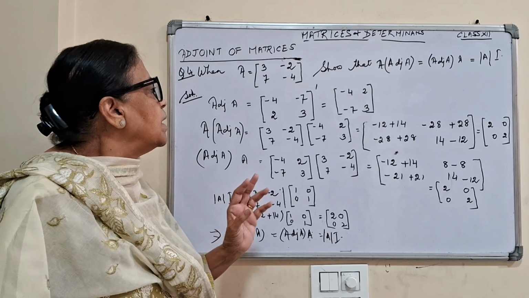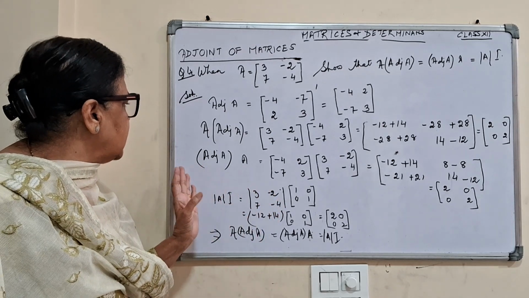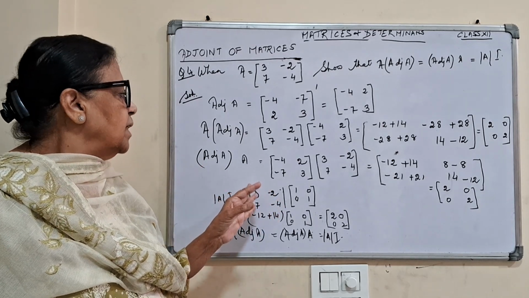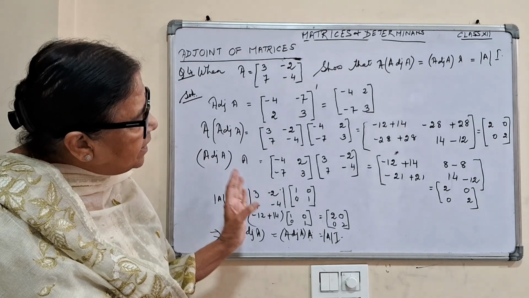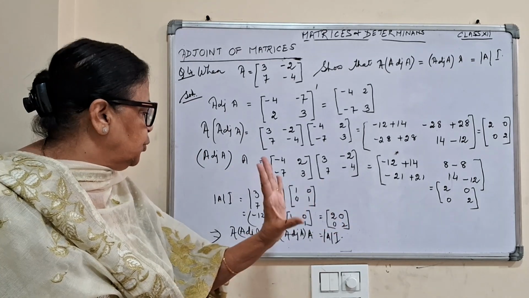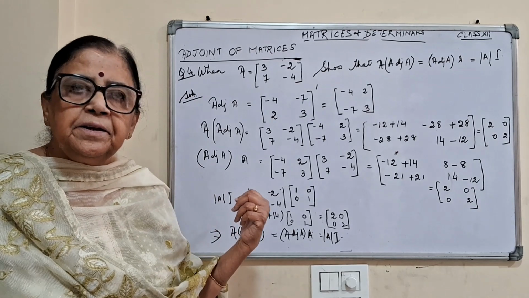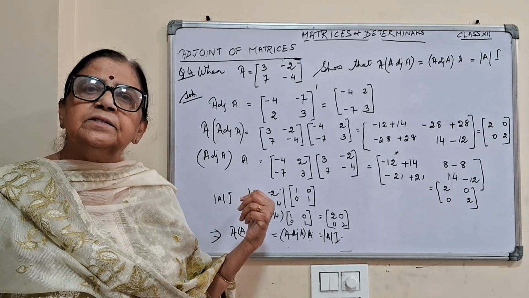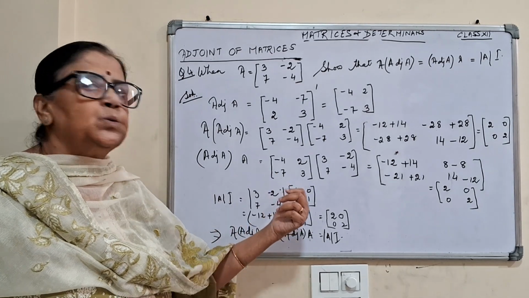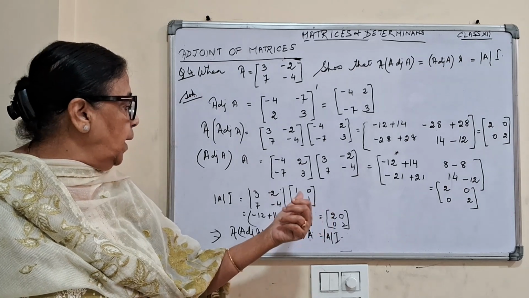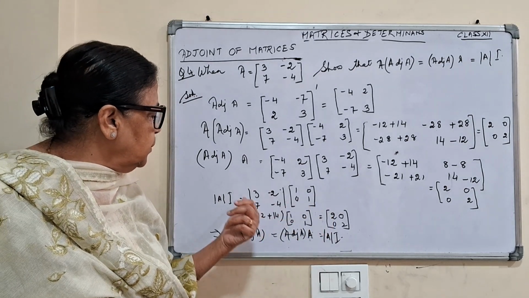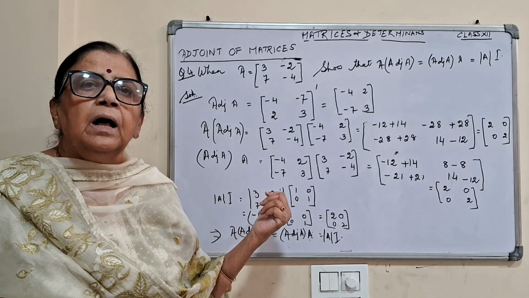Similarly, when I start with adjoint A into A, I get the final result as 2002. Determinant A into I, where I is the unit matrix, that is 1001.